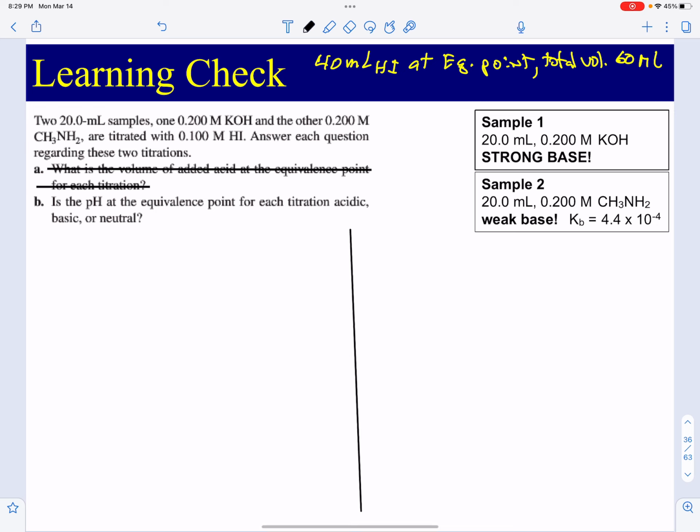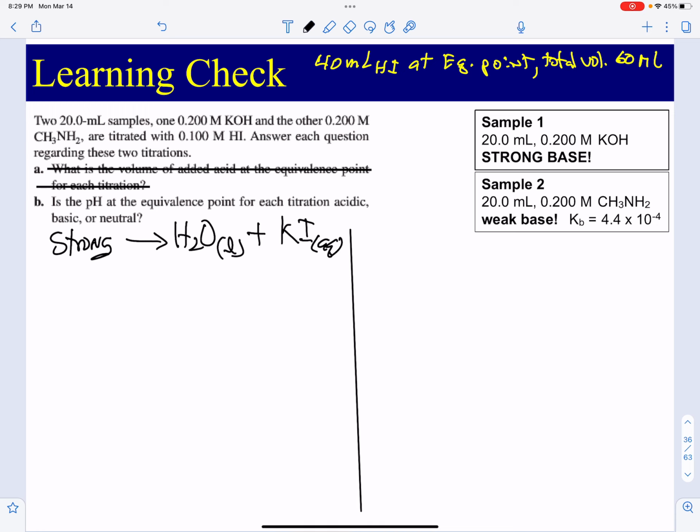Well, we know that the strong one is just producing water and the salt, right?